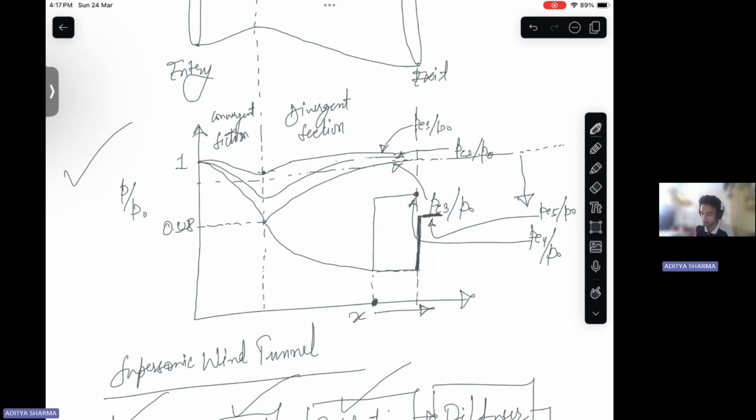This is our PB scenario, right? So in that case, we get an under expanded nozzle flow where at the exit there are expansion waves observed.